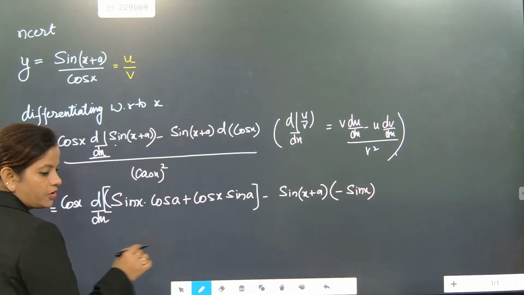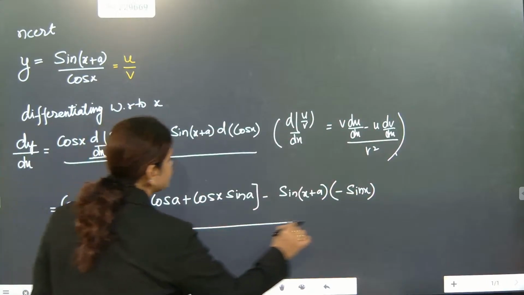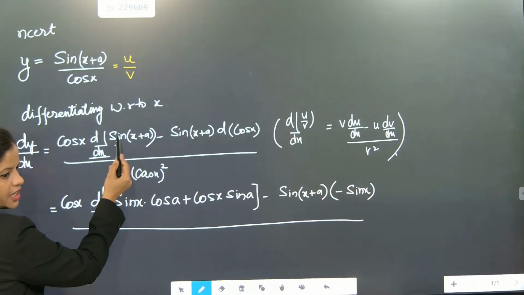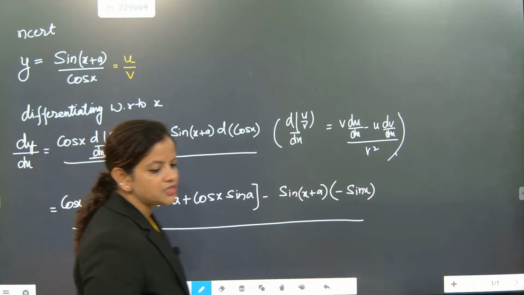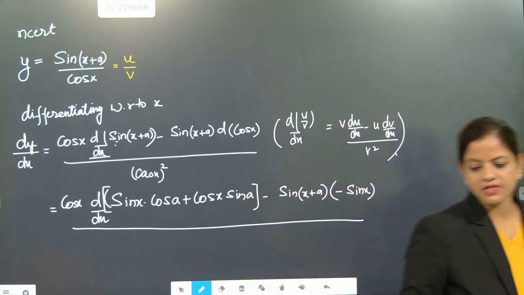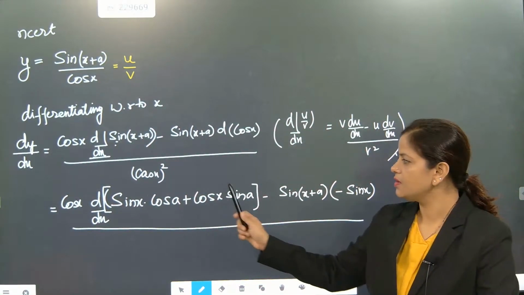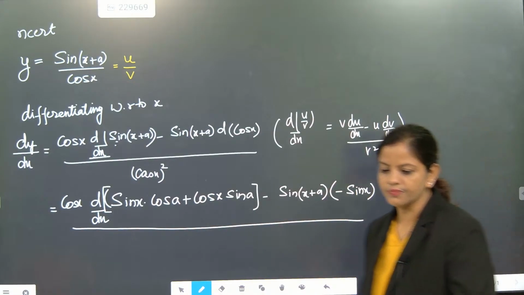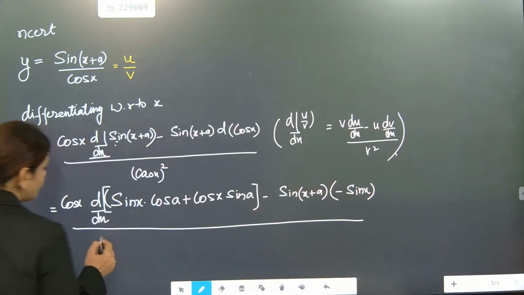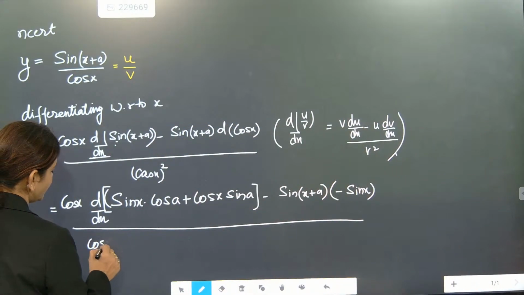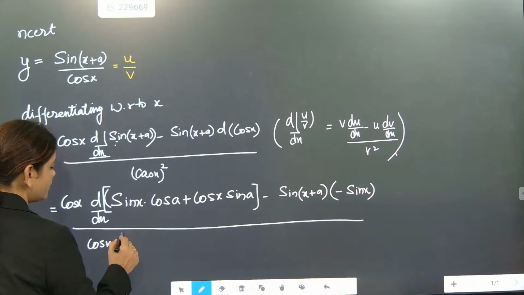This is a very important step. This only you have to open, sin(x plus a). When you open sin(x plus a), it is getting opened as sin a cos b plus cos a sin b. Understood? Now here what we are going to do, we will write: cos x will be like that. Only sin x will be differentiated.